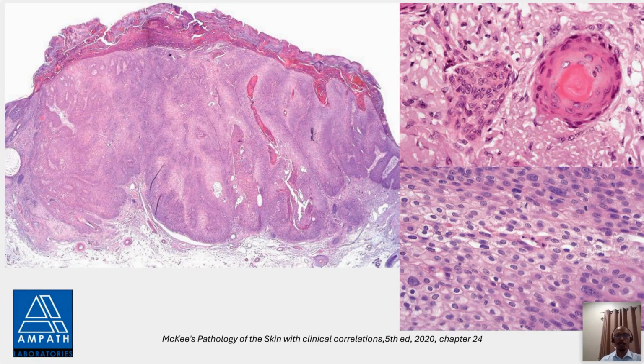But more importantly, the squamous cells tend to be pale. Usually there's a bit more atypia than one expects to see in your garden variety SCC. And you also get trichilemmal type keratinization.